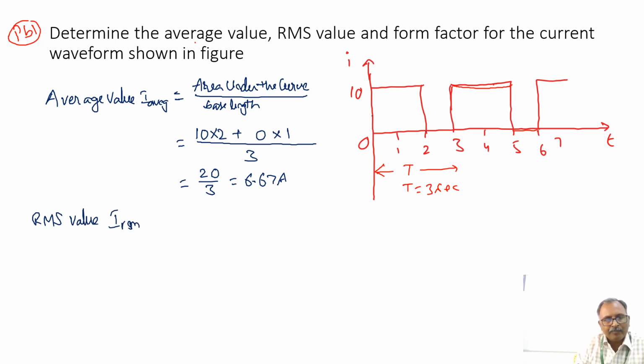Now if you find out the RMS value, I RMS is given by the square root of the area of the squared current waveform divided by base length.